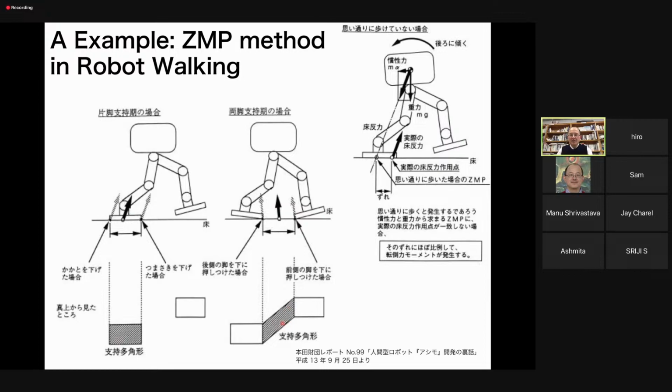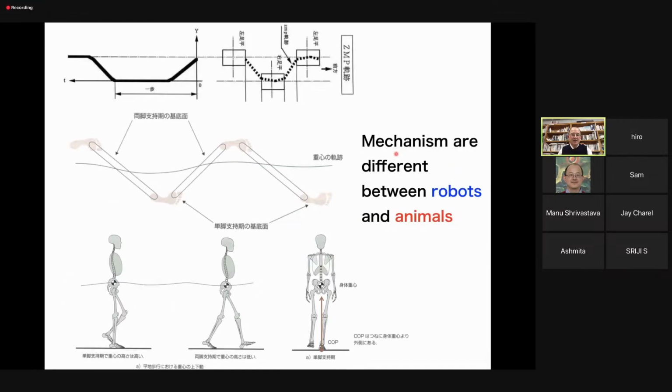This is a kind of control paradigm in which the Coriolis force, gravity, and the reaction and action of the robot should be integrated together. Then finally, it exhibits the specific movement of the center of mass according to the foot position because of the ZMP motion.